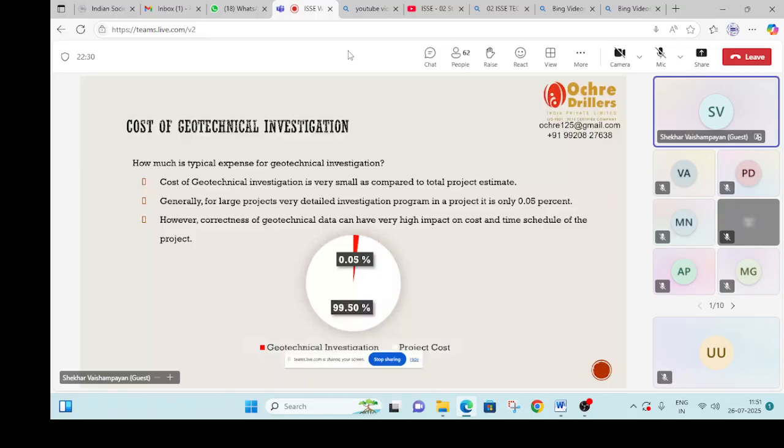Make sure that the data coming from the person is correct. I'm not saying reliable, I'm saying correct. Data should be correct, and only then will selection of an appropriate foundation system save your cost. Otherwise, everything can go wrong, because once foundations are placed, rectification and correction is very difficult and very expensive.